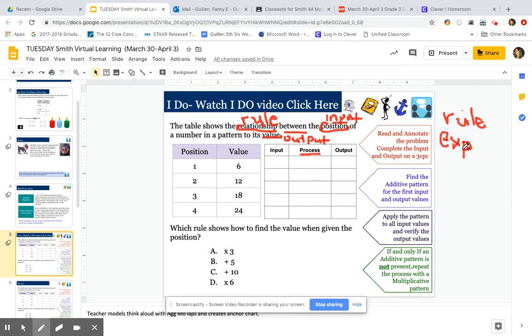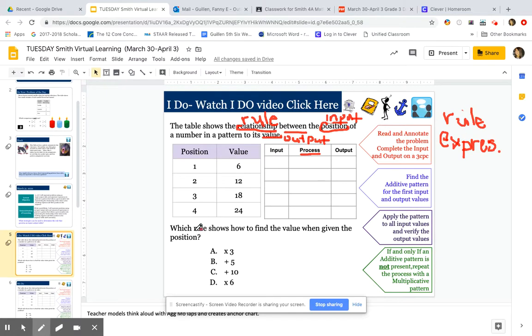Okay, I'm going to just abbreviate here expression. It doesn't fit. Expression. Rule, expression, process, relationship, they all mean the same thing.